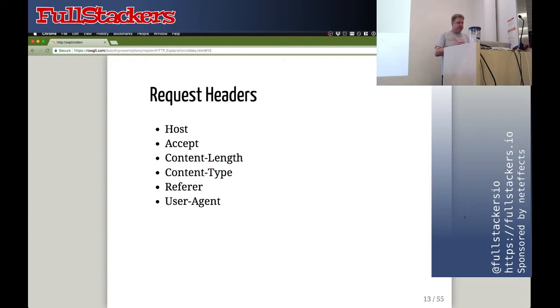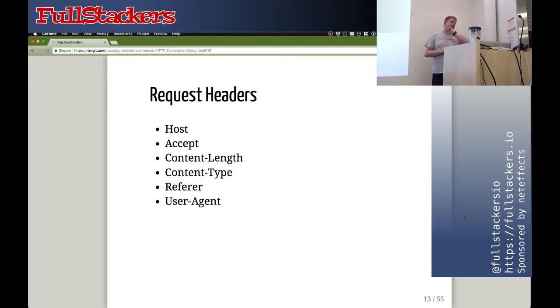Content length: most of the time you're doing a GET, but if you're doing a POST or a PUT, you're going to include the body. The length of that body in bytes goes into the content length. Again, if you have a body, the content type. If you're working with an API, you might be posting XML or JSON, so you have to tell it which one of those it is with the content type.